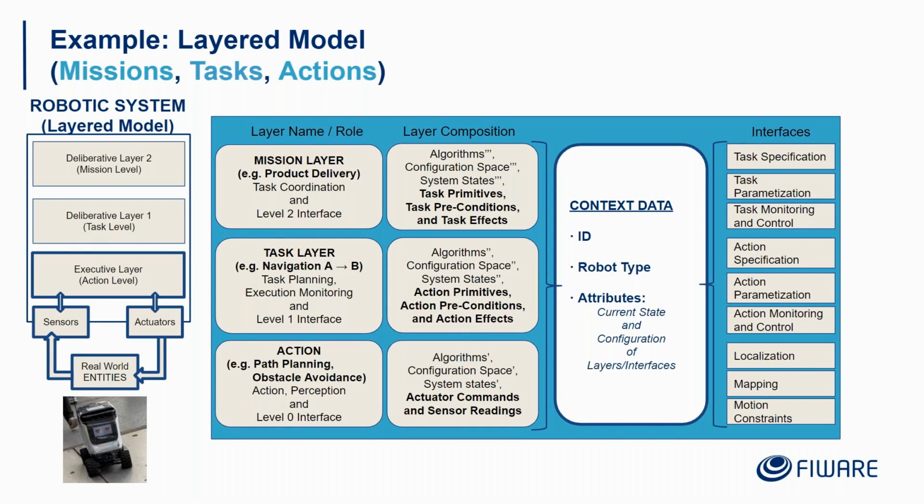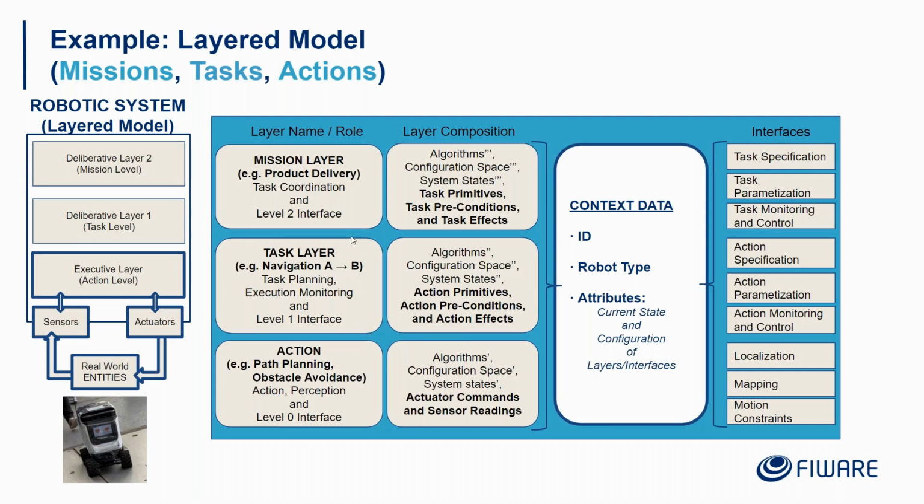Just think about our food delivery robot: at the mission layer we can think about a mission called product delivery. Then a task within this mission could be the navigation from point A to point B, and within the action set we can find something like path planning, obstacle avoidance, etc.